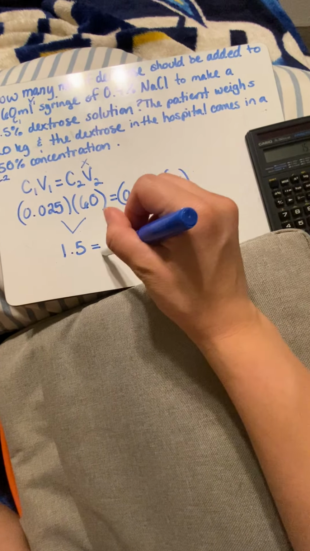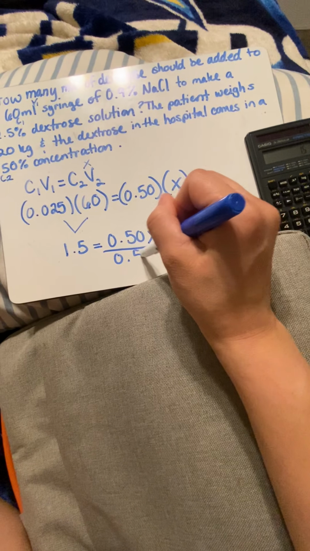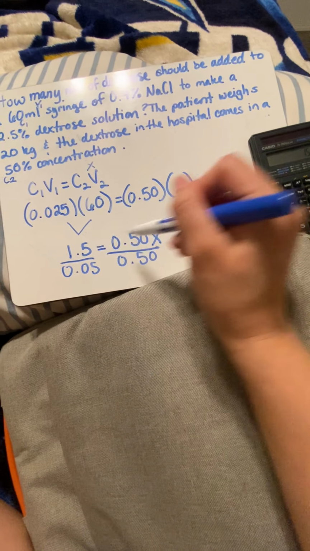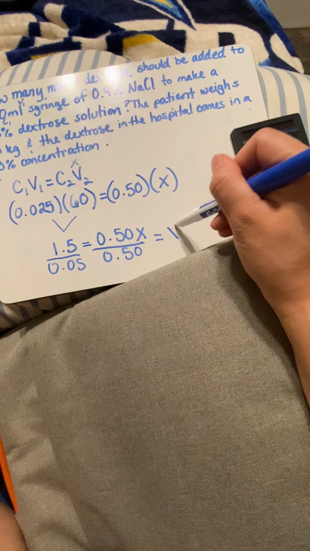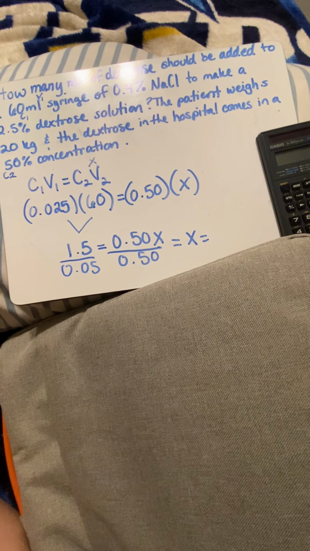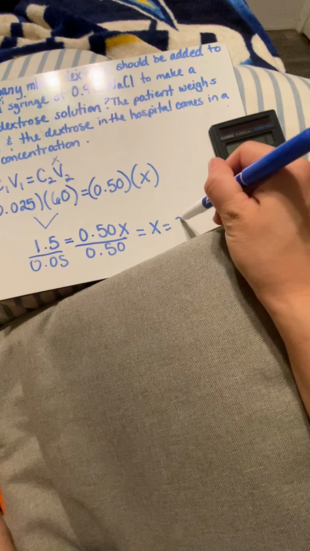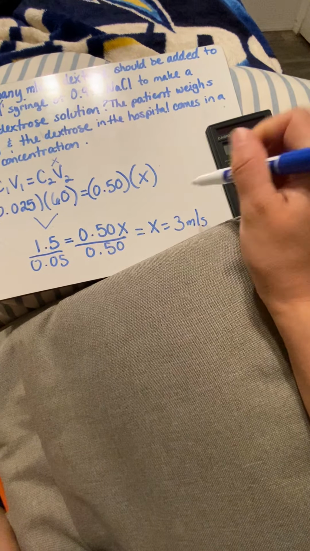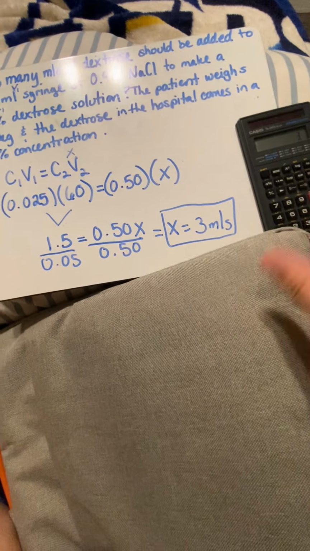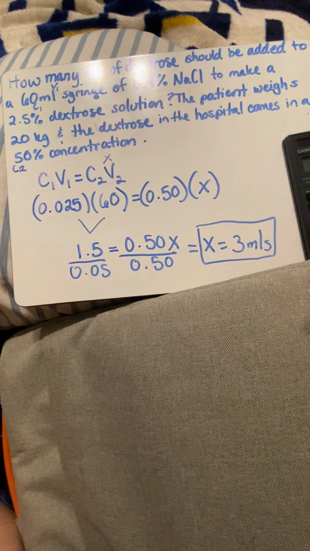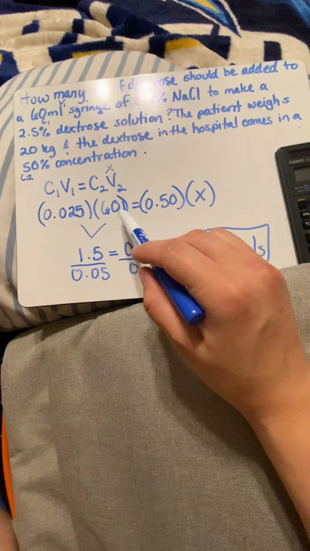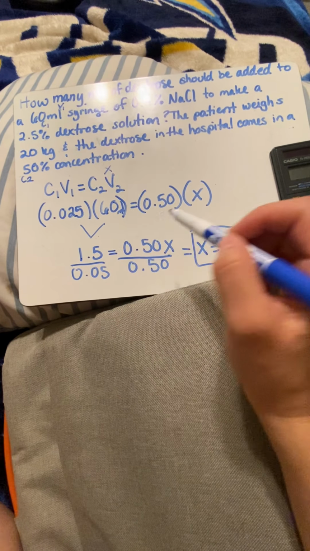I want to then divide, so now X equals 3 mLs. So the 60 mLs truly does not go away; I'm always left with that.